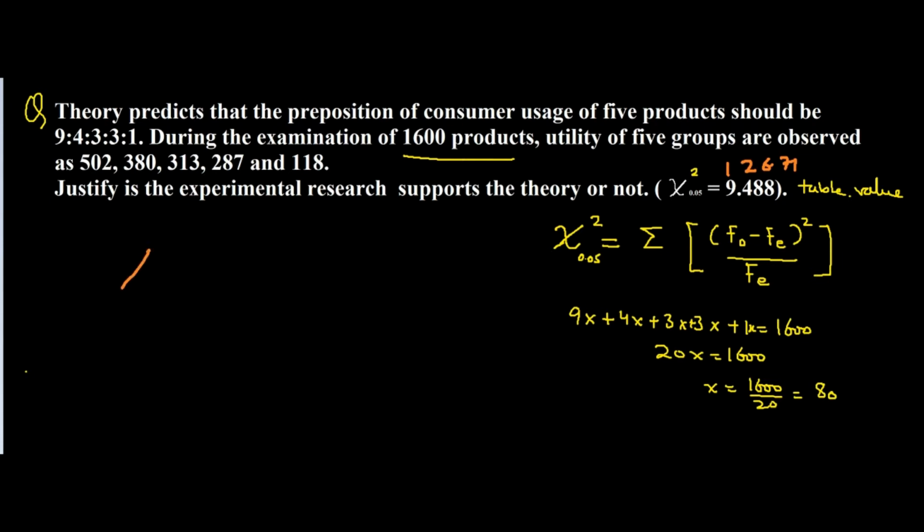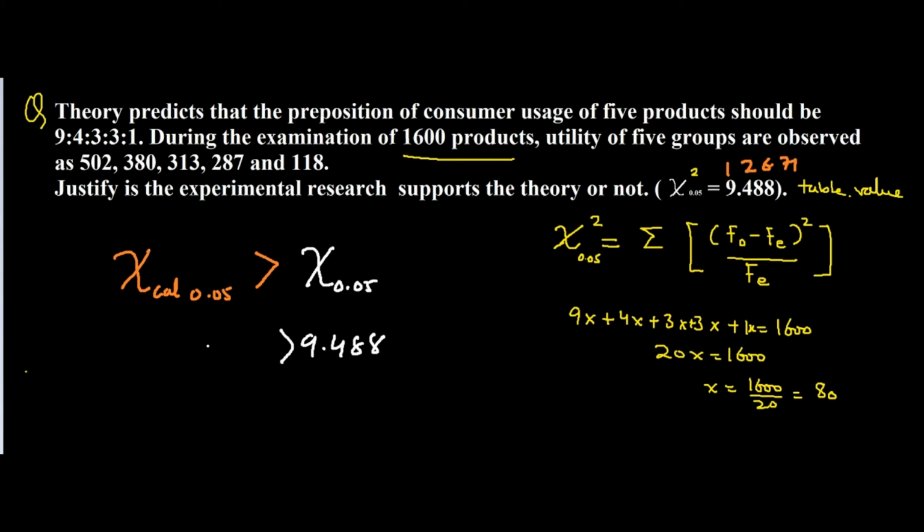Now you can see our chi-square calculated value at 0.05 significance is more than the value at the level of significance, same level of significance, 0.05 theoretical value, 9 point this thing, because it is 9.488.